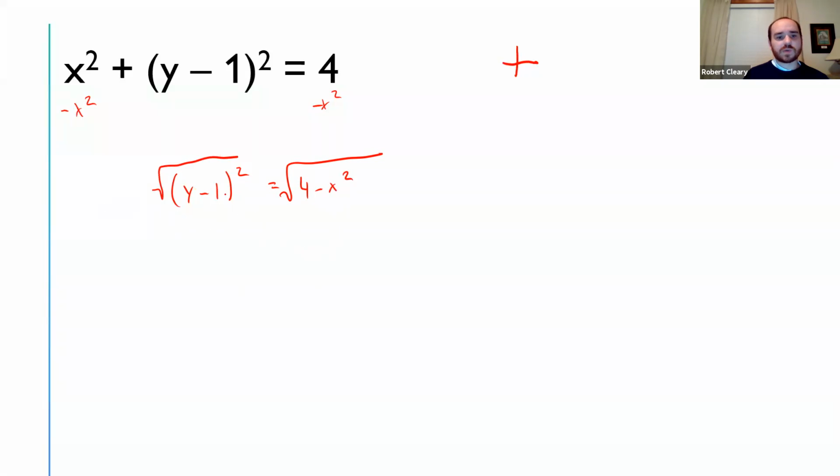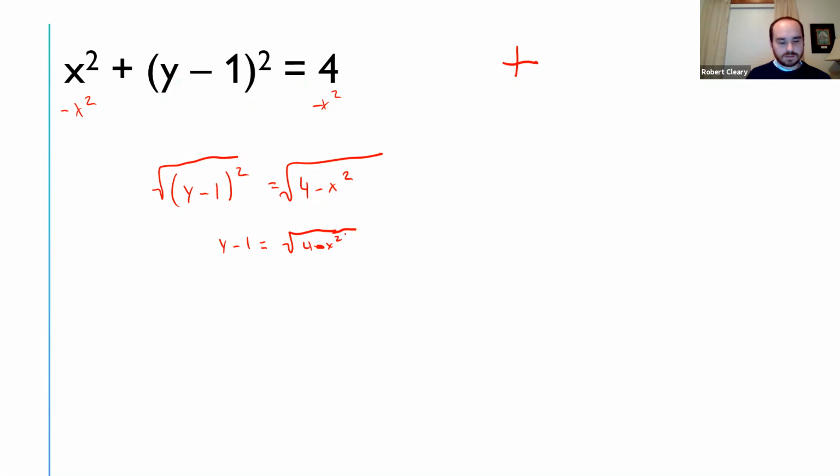Since these are in parentheses, we have to do these last when we're doing inverse operations. So what we will get is y minus 1 equals the square root of 4 minus x squared. Now, it might be tempting to write this as 2 minus x, but that would be inaccurate.